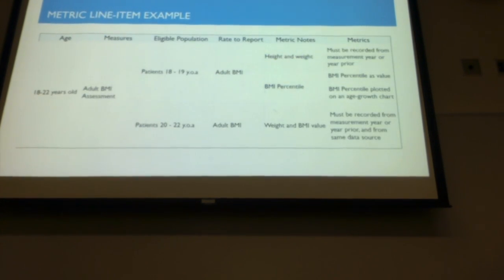But to move on, this is an example of how we line item each quality measure. As you can see, we broke down each measure by the age range that it covers, how the eligible population is defined, the rate to report, the information that needs to be documented as the metric note details, and then the metrics column identifies ways in which the information can be detailed in the report.